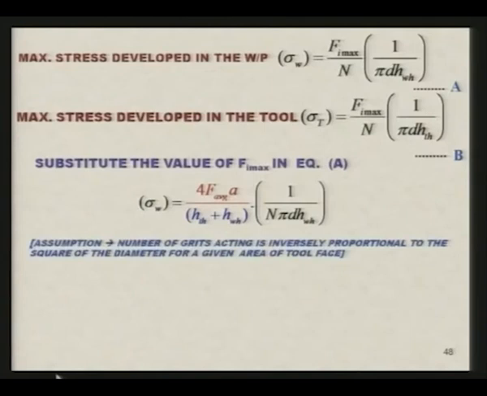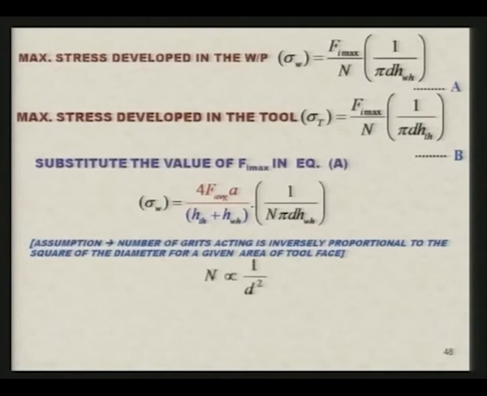The assumption made here is as follows: the number of grits acting is inversely proportional to the square of the diameter for a given area of the tool face. I have already shown one slide regarding this.